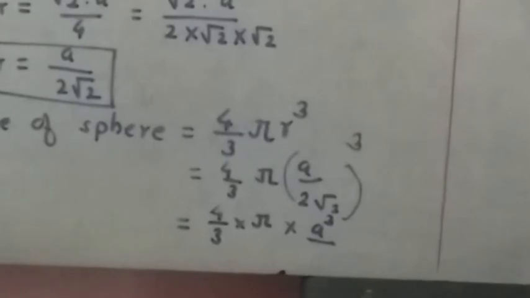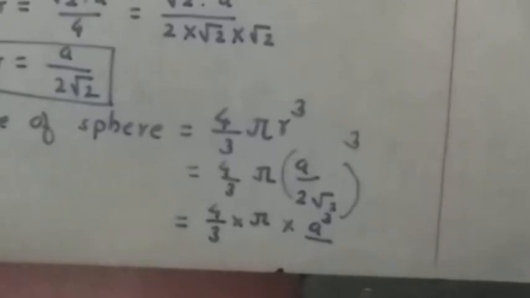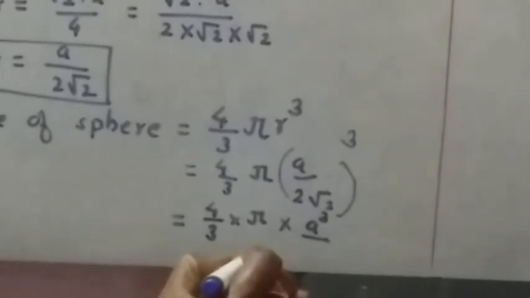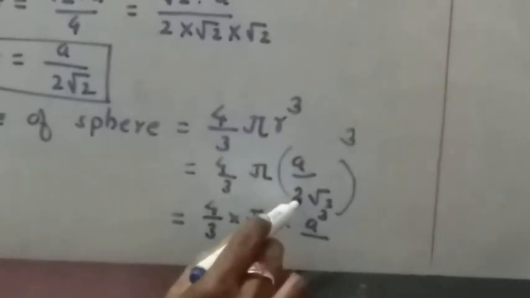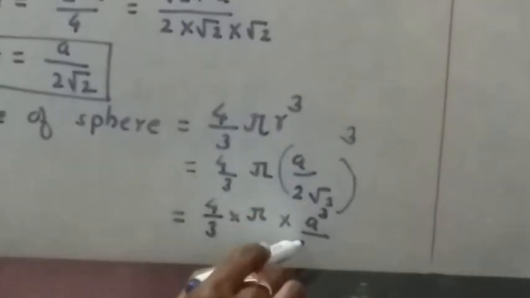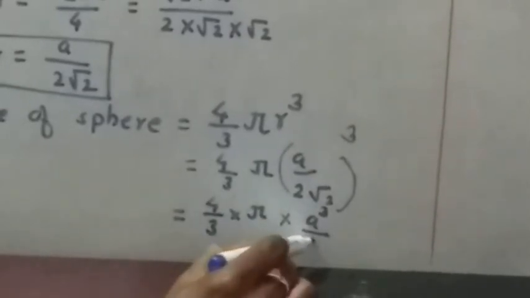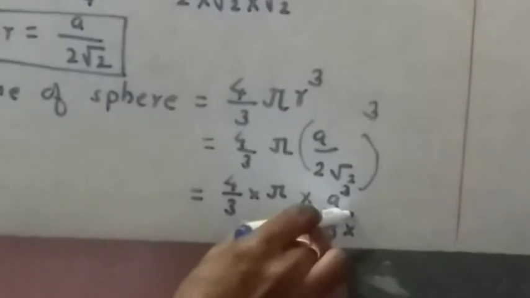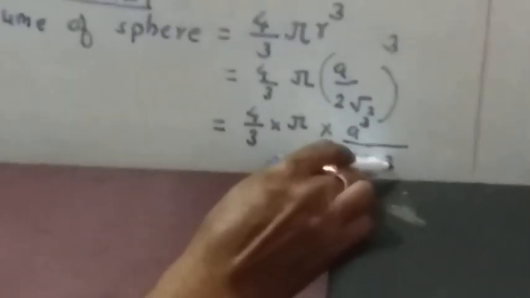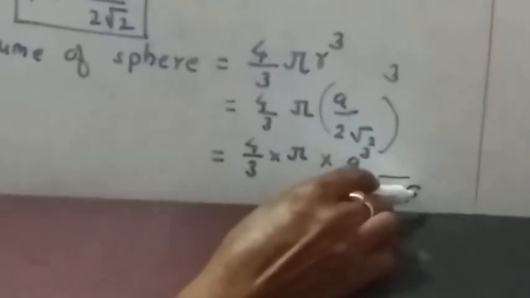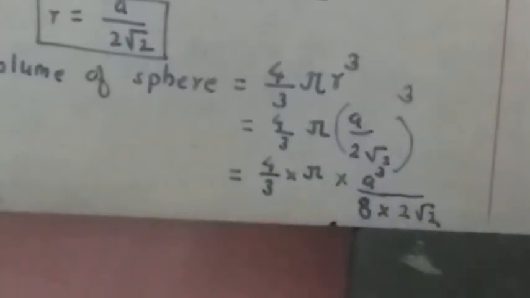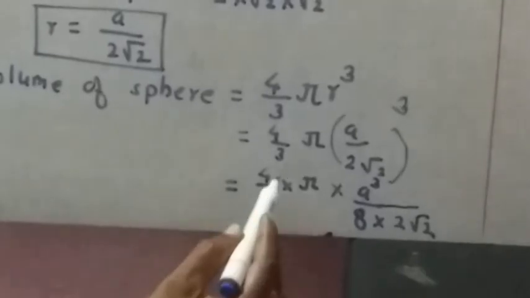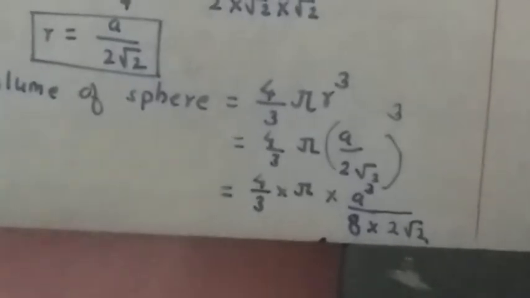The cube of 2 root 2 will be, the cube of 2 is 8, and root 2 into root 2 into root 2 is 2 root 2. So cancelling this, 4 ones are 4, 4 twos are 8.